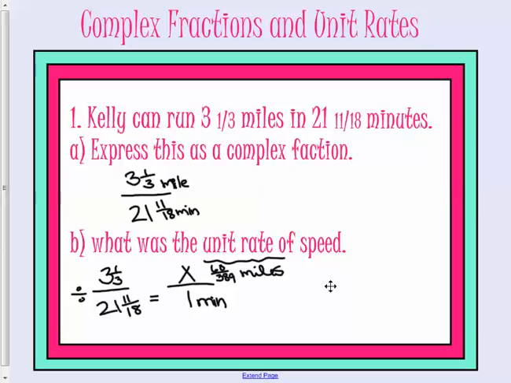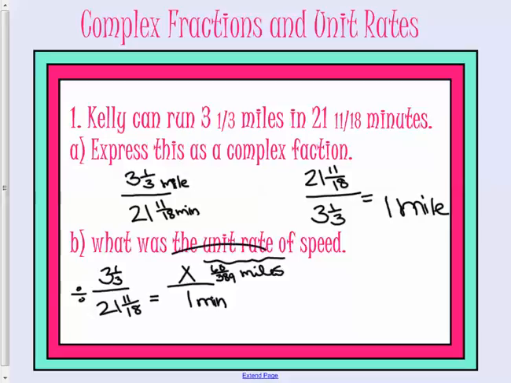If we wanted to flip it, and we care about, I should say, for 1 mile, then the 1 would be on top. So we could flip this over and literally do 21 11/18 over 3 1/3 and figure out how much for 1 mile. Either way, you're dividing. So it just depends on what they're asking you.